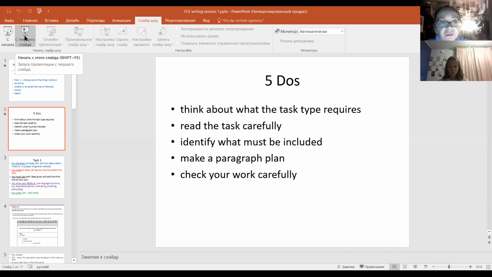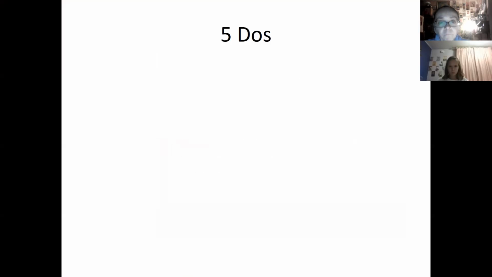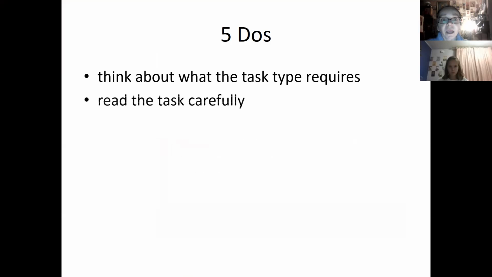First, you should think about the type of task and its requirements, what the task requires. Then it's crucial to read the task carefully.